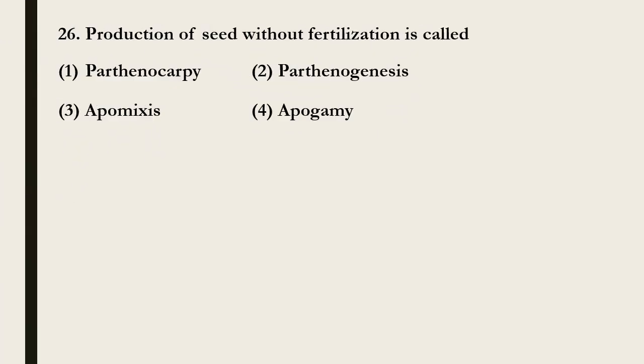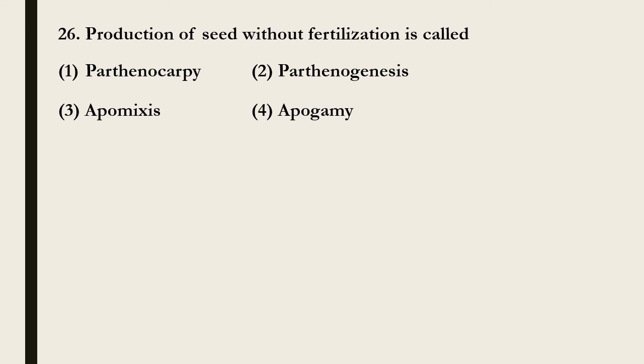Question number 26. Production of seed without fertilization is called: options 1. Parthenocarpy, 2. Parthenogenesis, 3. Apomixis, 4. Apogamy. So let's see the definitions of these terms.